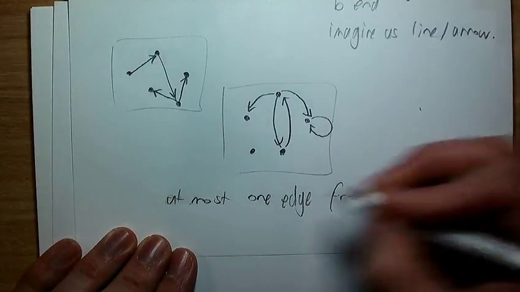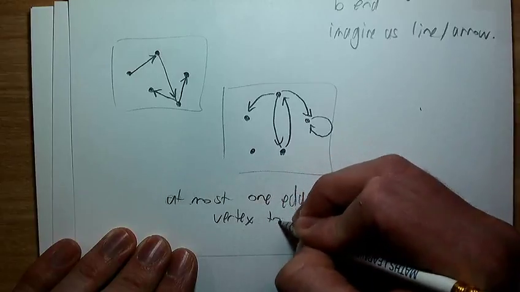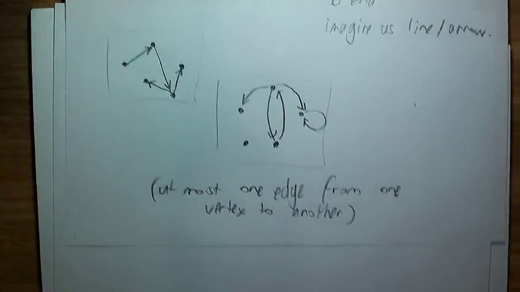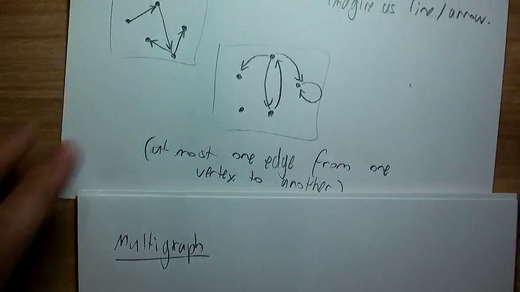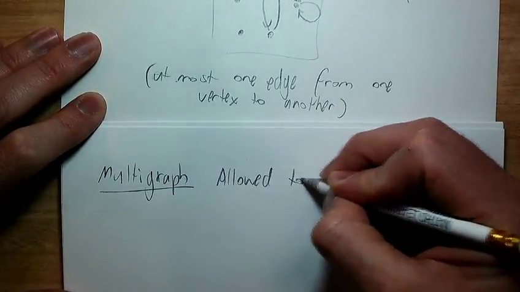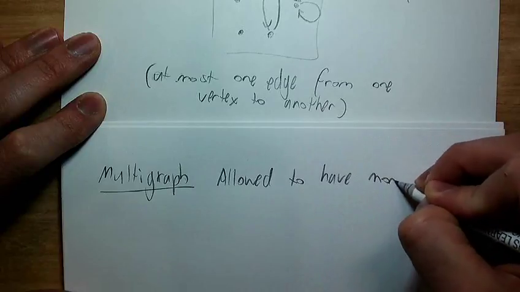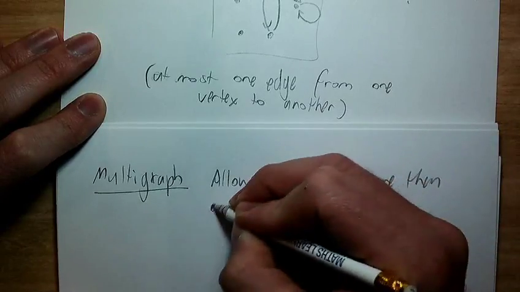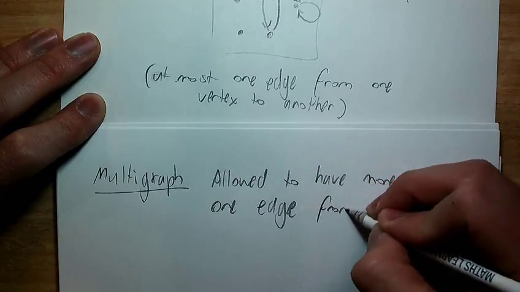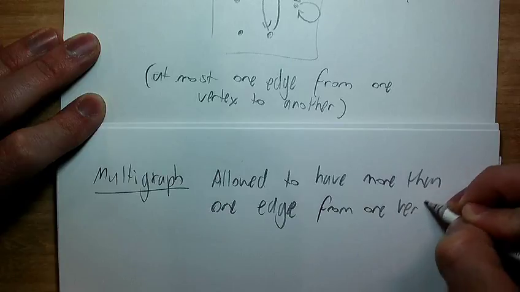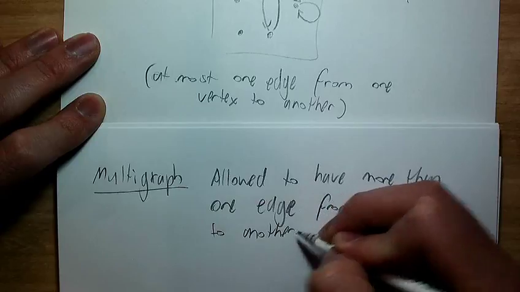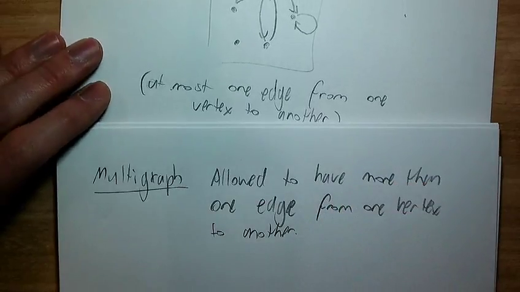From one vertex to another. But if you're allowed to have more than one, well, that's called a multigraph. So you're allowed to have more than one. That's the meaning.